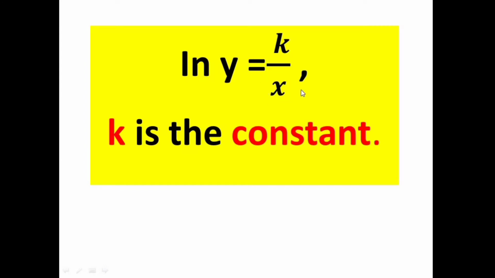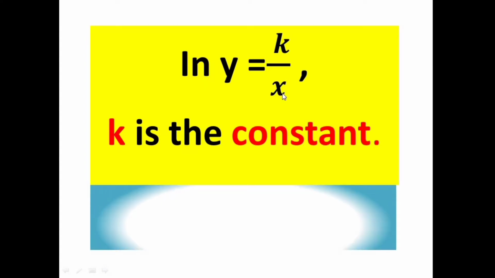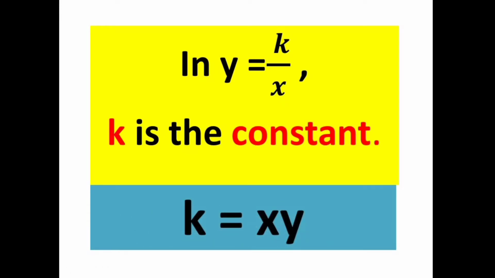So we are going to read this as y varies inversely as x. Then, to solve for the value of k, the constant, we get the product of x and y.